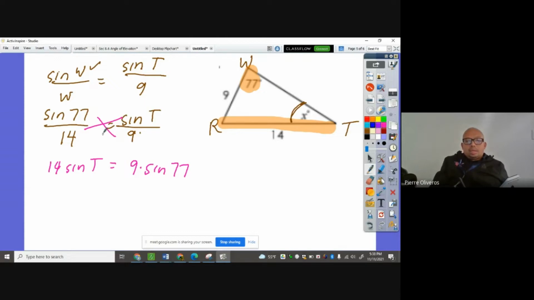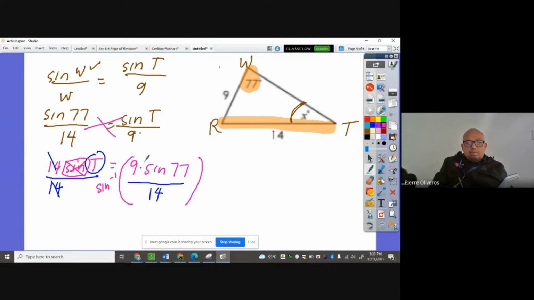What do we do next? Our goal is to get rid of everything here and leave the T by itself. So I'm going to divide by 14 here, divide by 14 here. This cancels out. Now I need to get rid of this sine here. So I'm going to move it outside and this will be canceled out, but I need to put sine inverse of the entire thing here. That will make my T here by itself.